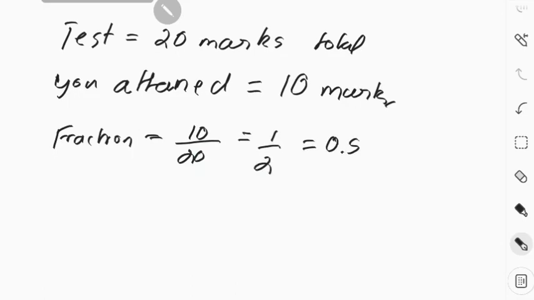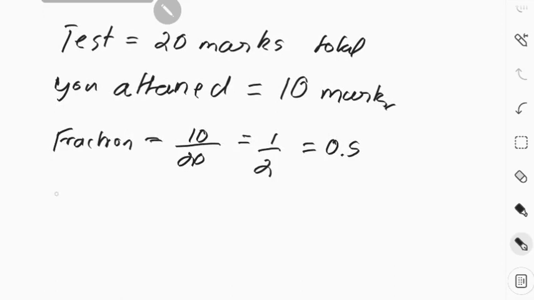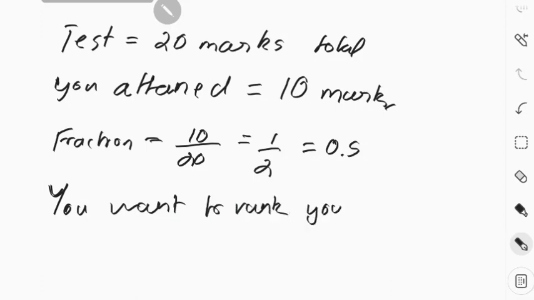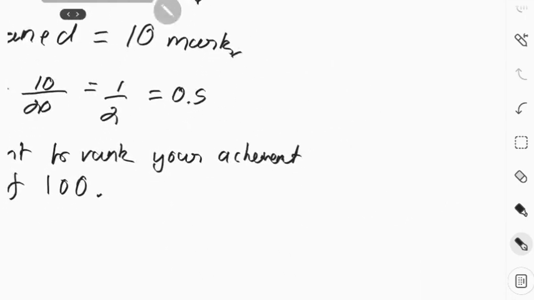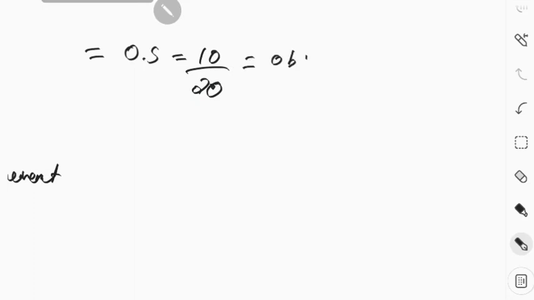Now percentage is basically just that you want to rank your achievement out of 100. Okay, how are you going to do that? You had a fraction which was 0.5, equal to 10 over 20, where 10 was obtained and 20 were the total marks.